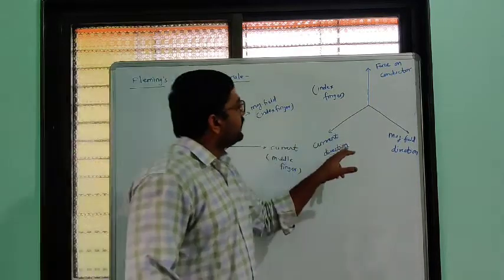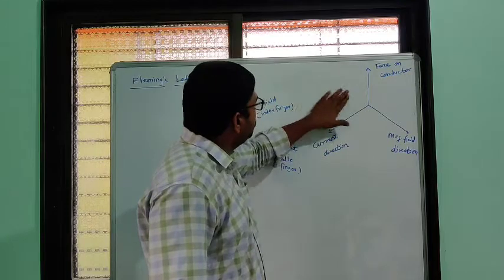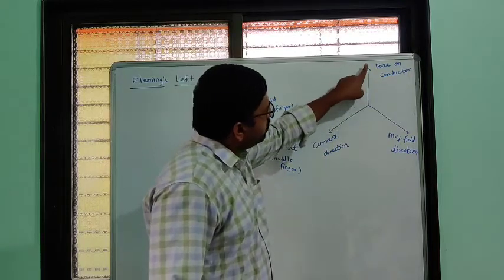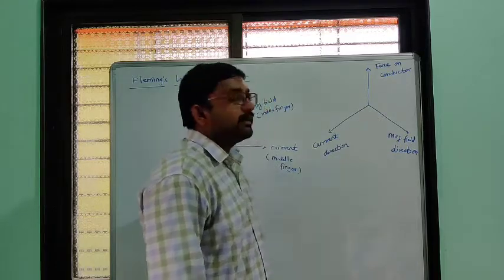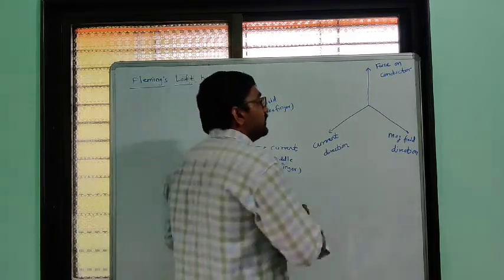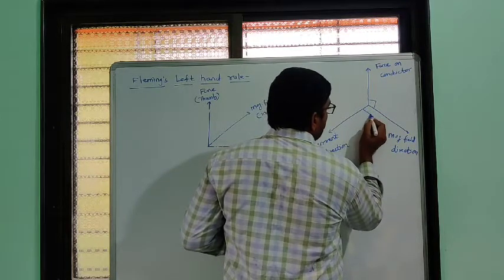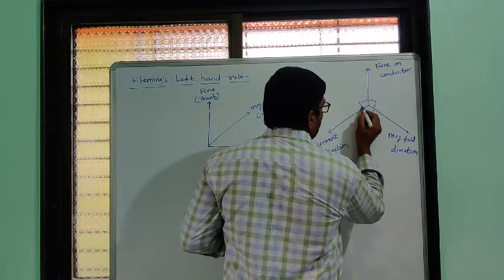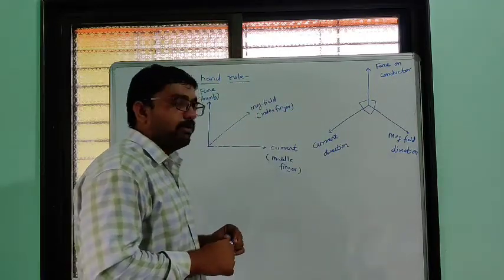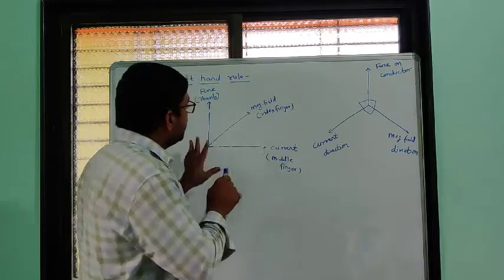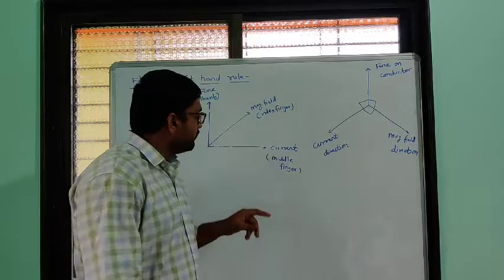Suppose here this is the force direction, then this is the magnetic field direction and this is the current direction. All three are mutually perpendicular to each other, and that we have to remember.